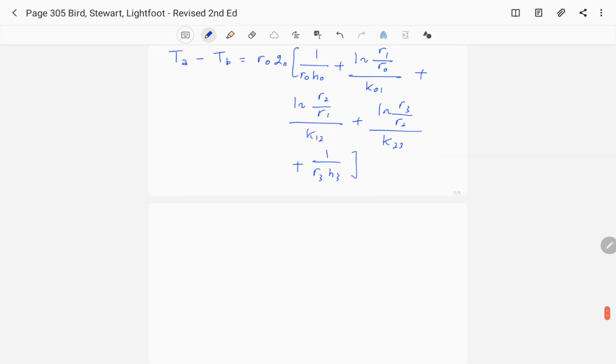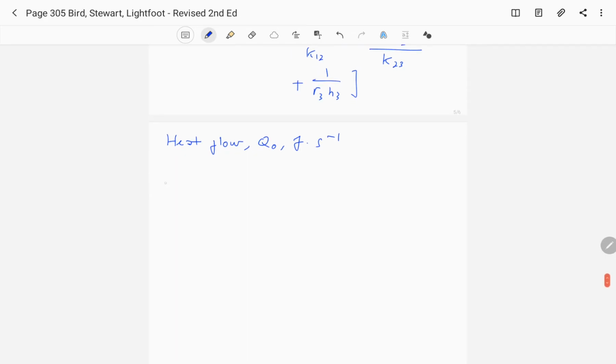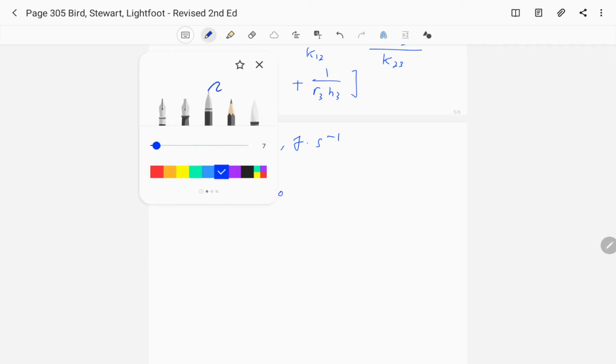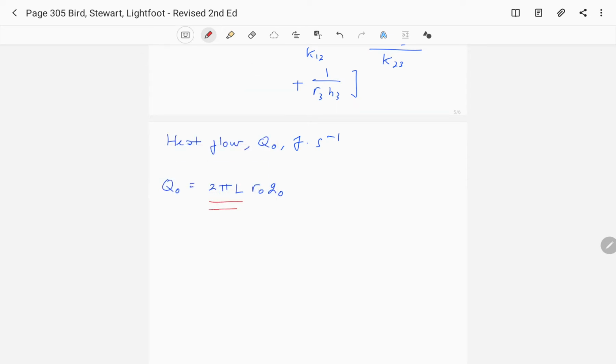Once we have these things, we can also find the heat flow, which we define in here as the capital Q naught in joule per second. So the Q naught will be equal to 2 pi L R naught q naught. A particular emphasis is given in here so that you can have the form recognized.